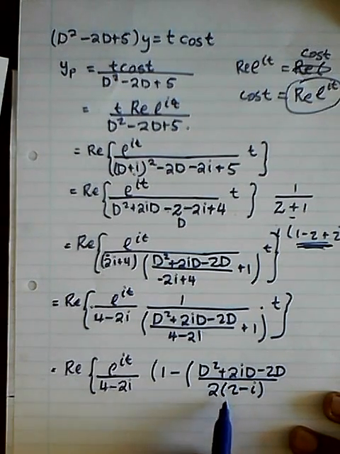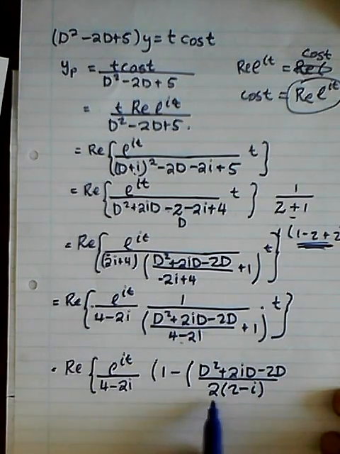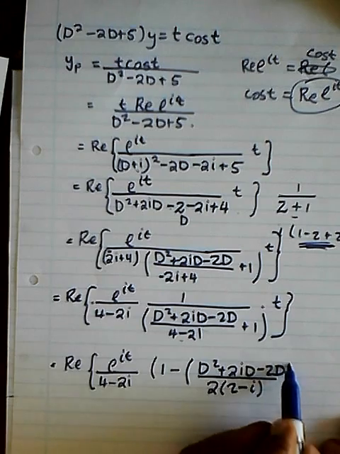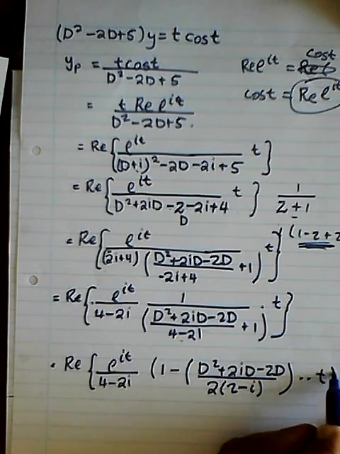Note that I just factored out 2 here, so to get 4 minus 2i, I just factored out 2, and then this thing is multiplied by t.